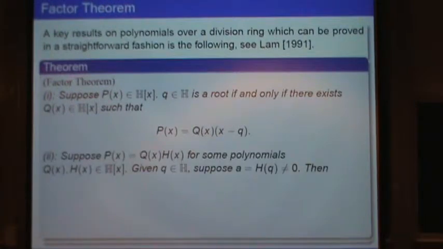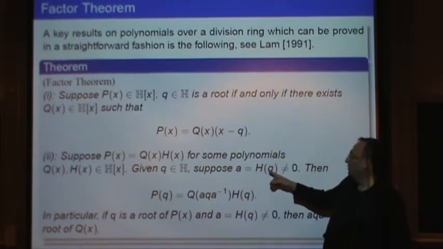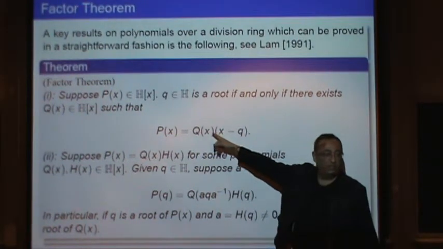And the second part is a very interesting part, and says that if you have a polynomial that factors as a product of two polynomials, if you take a particular value q, suppose that h of q is not 0, then p of q is, you see, we cannot just plug in q in here.